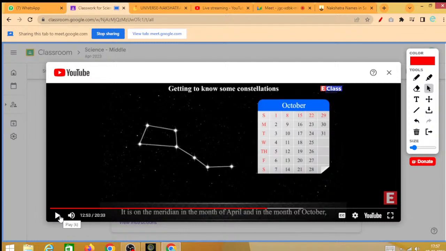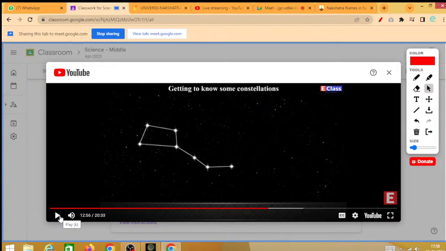You remember the celestial meridian which we saw, the apparent movement of the sun. So around that portion it is found. In October, it sets around 8 p.m. So if you have to see the Saptarishi in October, you have to see it before 8 p.m. That's why this information they are giving.